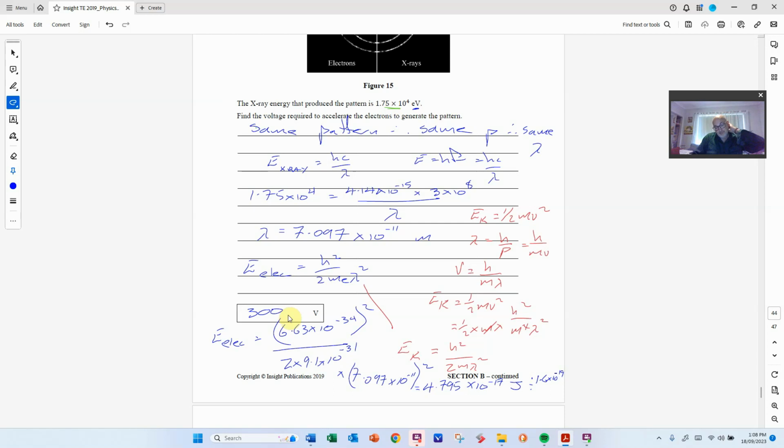That's because we've divided our energy by the charge of an electron. So that will be the voltage required to accelerate that electron. That's that one done.